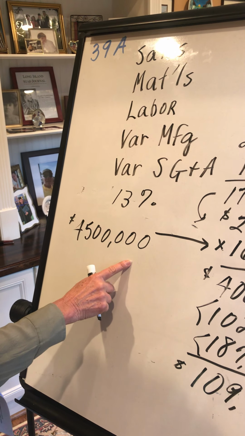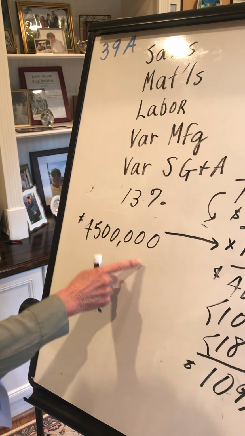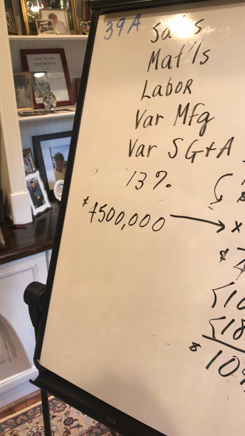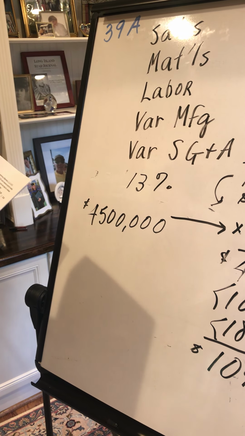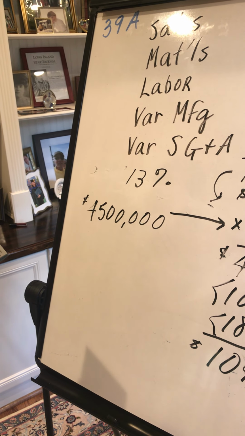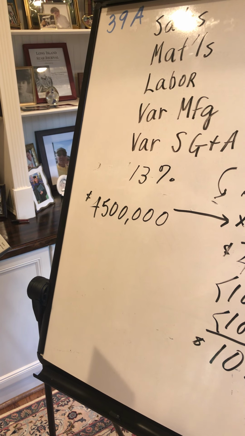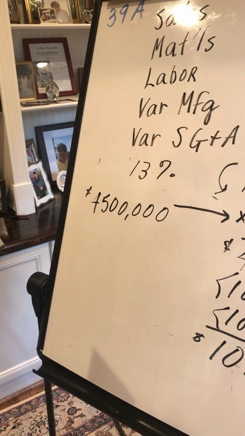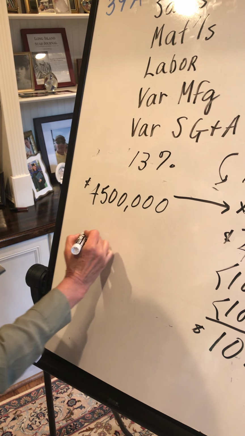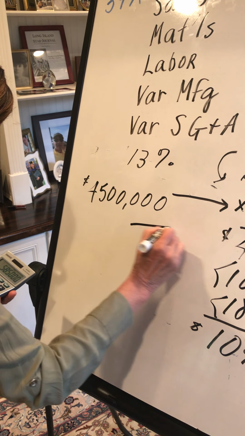You could say, well, how many units was that? Or we can use the percent. If we use the percent, 13% times $4.5 million, let's see what that gives us. 4,500 times 0.13 is $585,000 here.